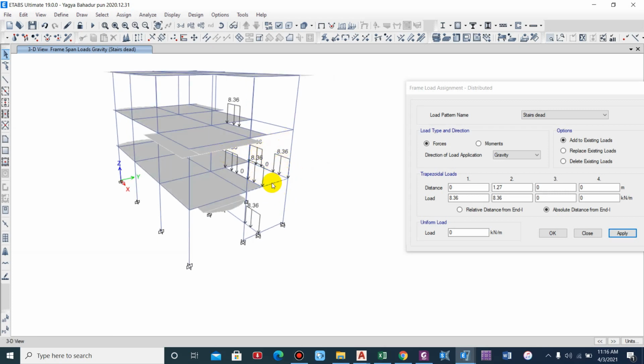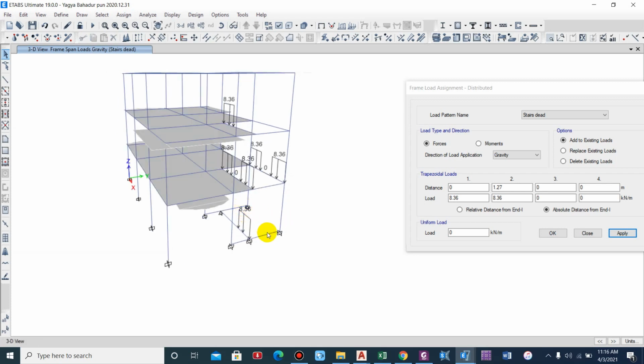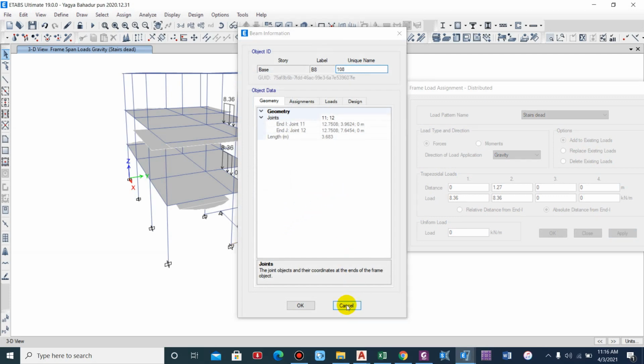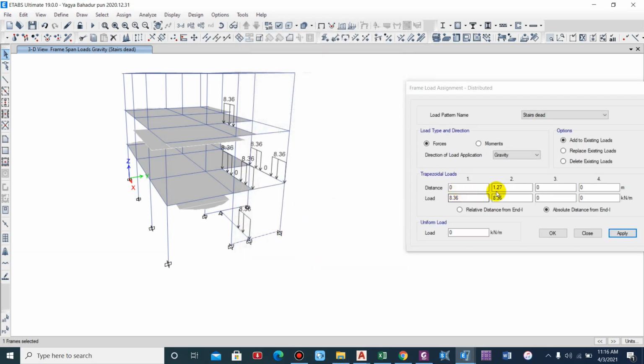Now for the mid flight, the load will be acting on this beam, and let us find out the end I and end J. So this is end J, and what is the length? 3.683, so 3.683 minus 1.27.